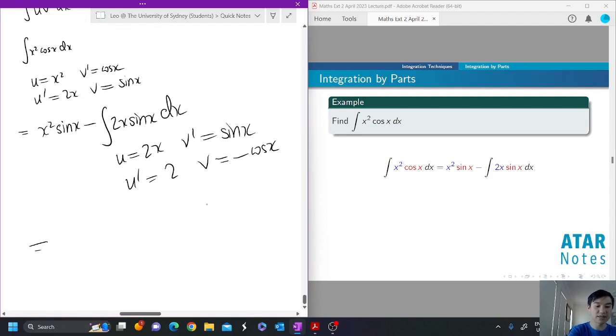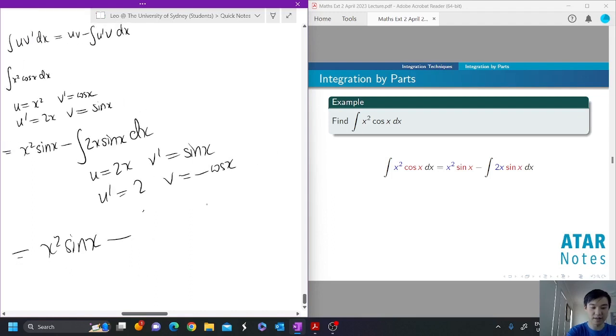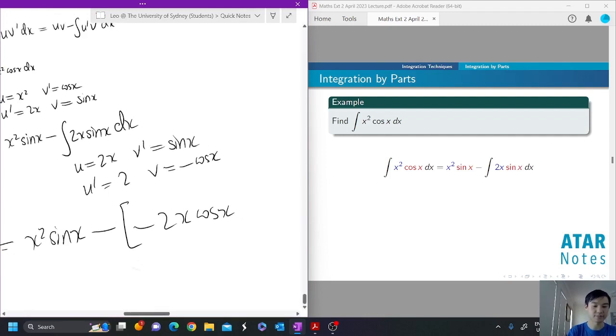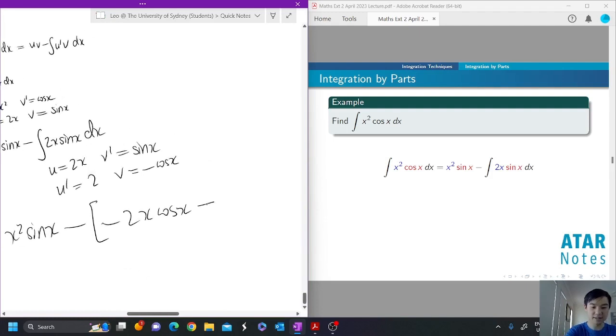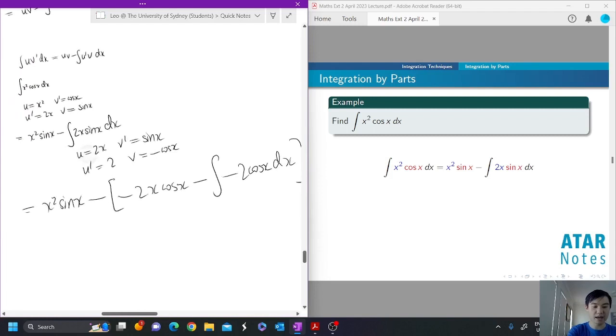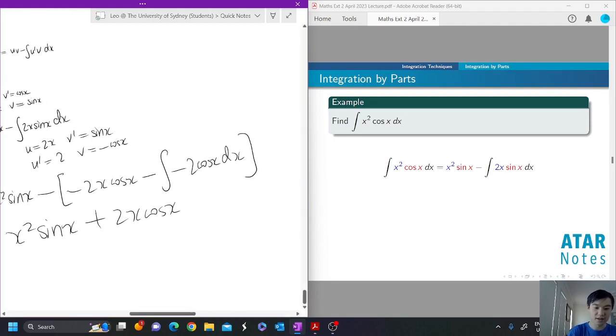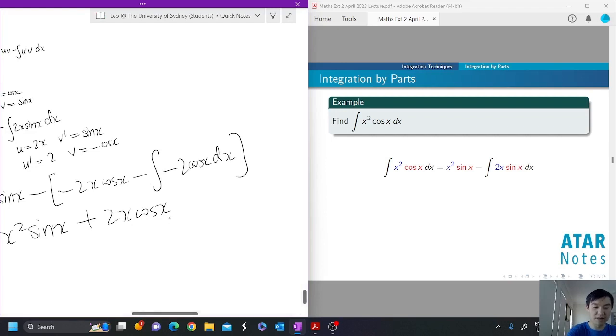Therefore the integral is going to be x squared sine x minus, we've got uv, so negative 2x cos x, and minus the integral of negative 2 cos x. When I expand the brackets, I get plus 2x cos x, and it becomes minus 2 times the integral of cos x dx.